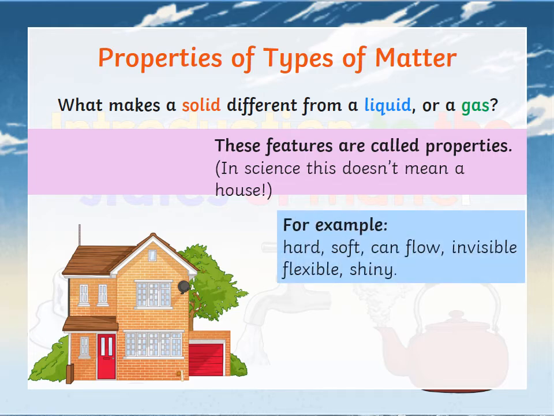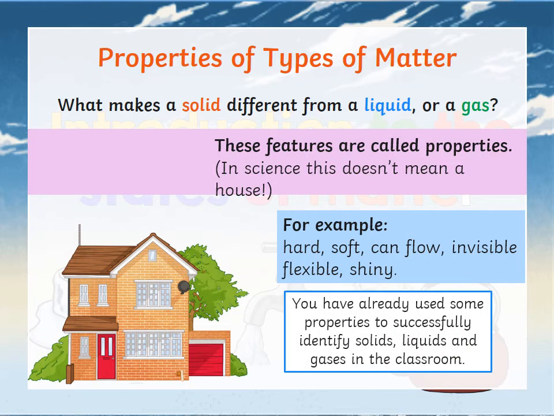For example, properties are either hard, soft, it can flow, it's invisible, it can be flexible, it can be shiny. You have already used some properties to successfully identify solids, liquids, and gases in the classroom. Let's continue.